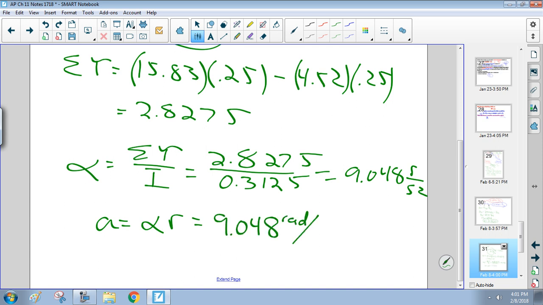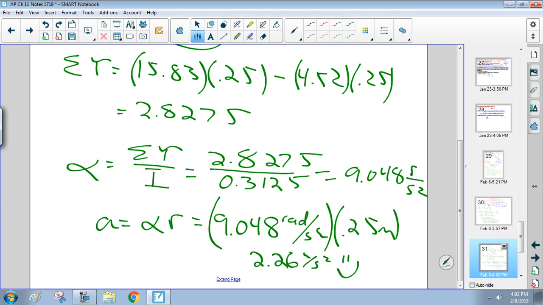Let's multiply that by a radius of 0.25 meters, and it gives us 2.26 meters per second squared. Okay, so everything works out. All right? So, torque, there you go. That's close to as hard as they'll get.